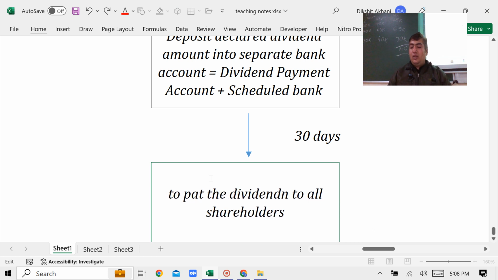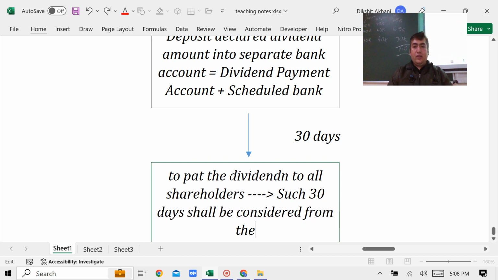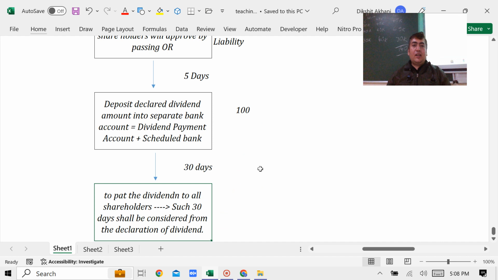One more thing you please understand, such 30 days shall be counted from which date? From the expiry of 5 days or from the declaration of dividend? Right, guys, it shall be considered from the declaration of dividend. Not expiry. Are you getting the entire hierarchy?